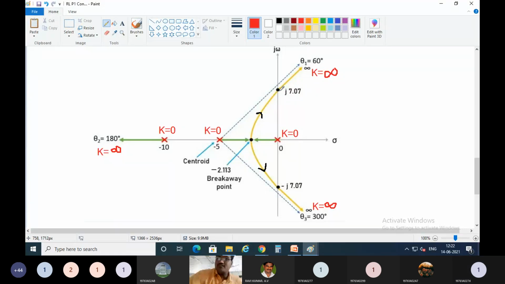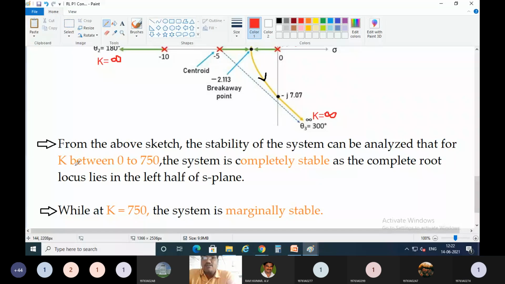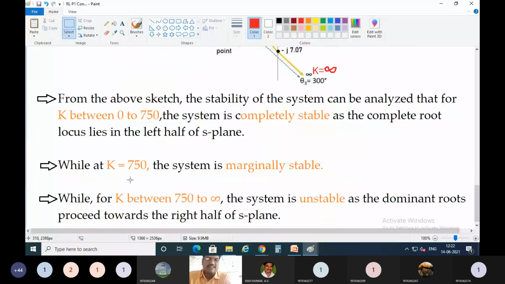So what it means is, from K equal to 0 to 750 only, the system is stable. Why? Because the complete root locus lies in the left half of the S-plane. At K equal to 750, the root locus touches the imaginary axis, so that means it is marginally stable.